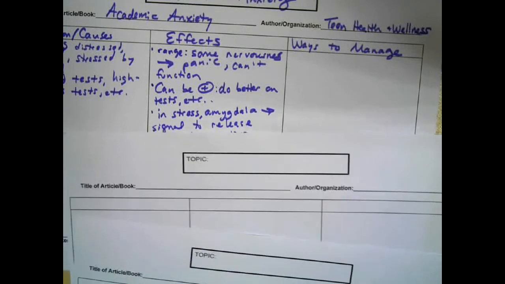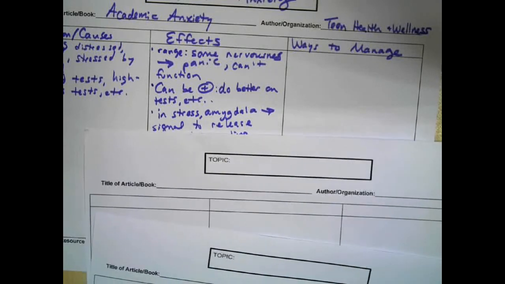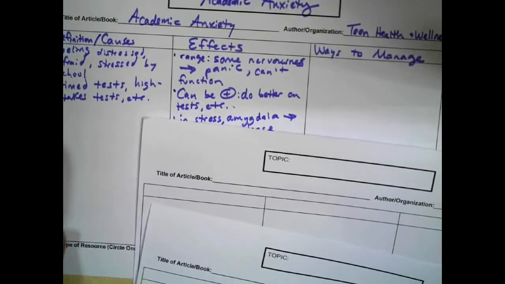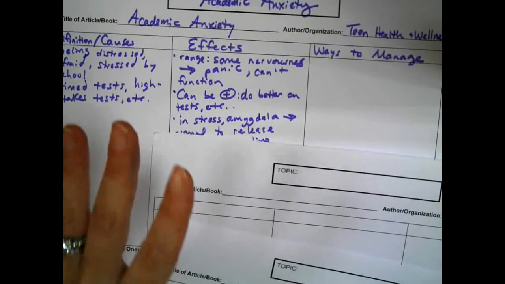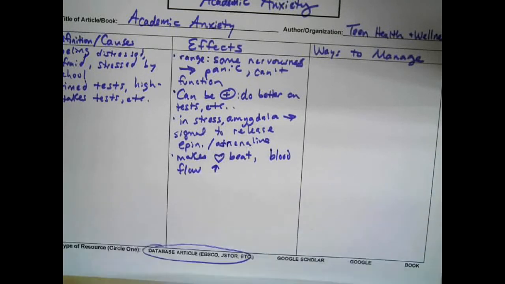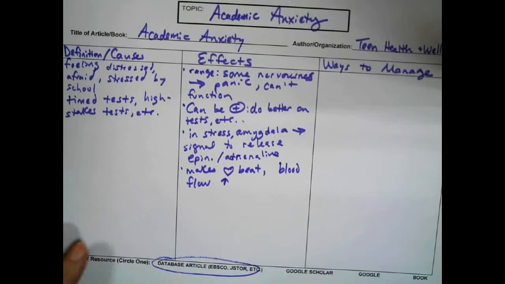So no more just big blank Google Docs with just chunks of text about all different kinds of categories of information. Here it's all nicely categorized. You've put it in your own words, and so you will definitely create a much stronger final product.